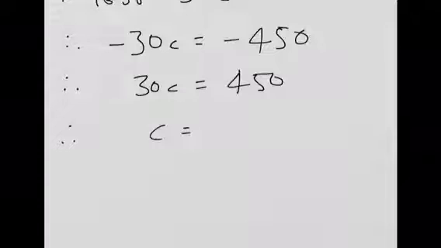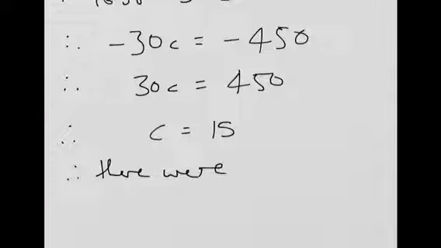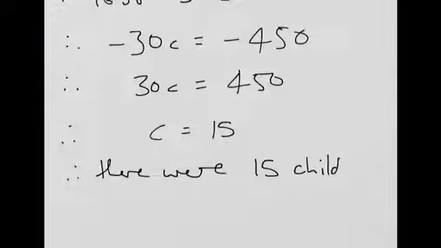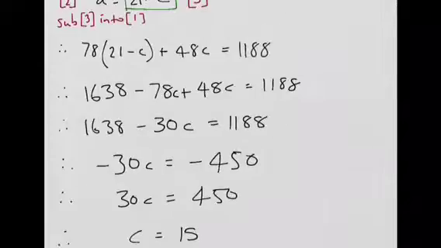So 30C equals 450. Finally we divide by 30, so 450 divided by 30 gives us 15. So C equals 15. Therefore, there were 15 children. Sorry, that was very messy.